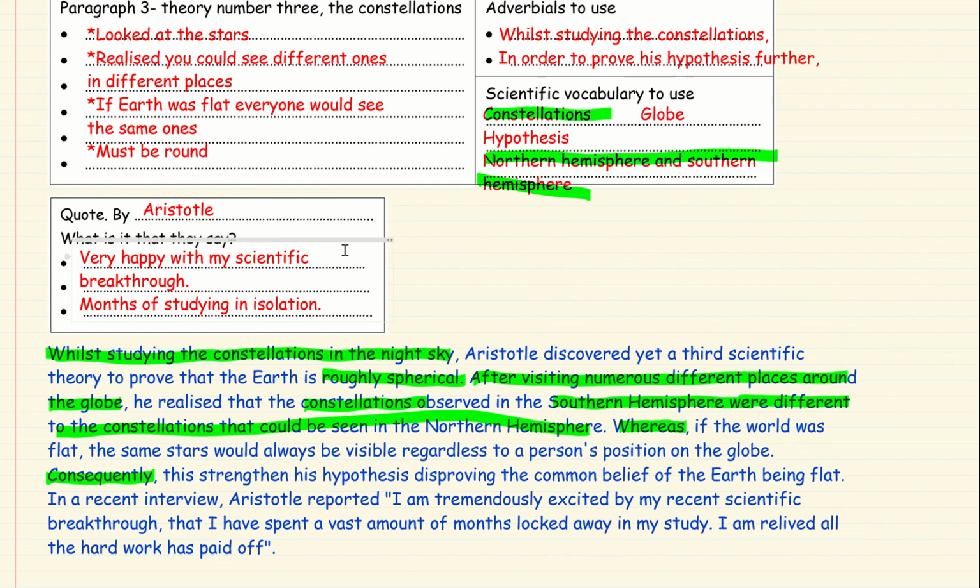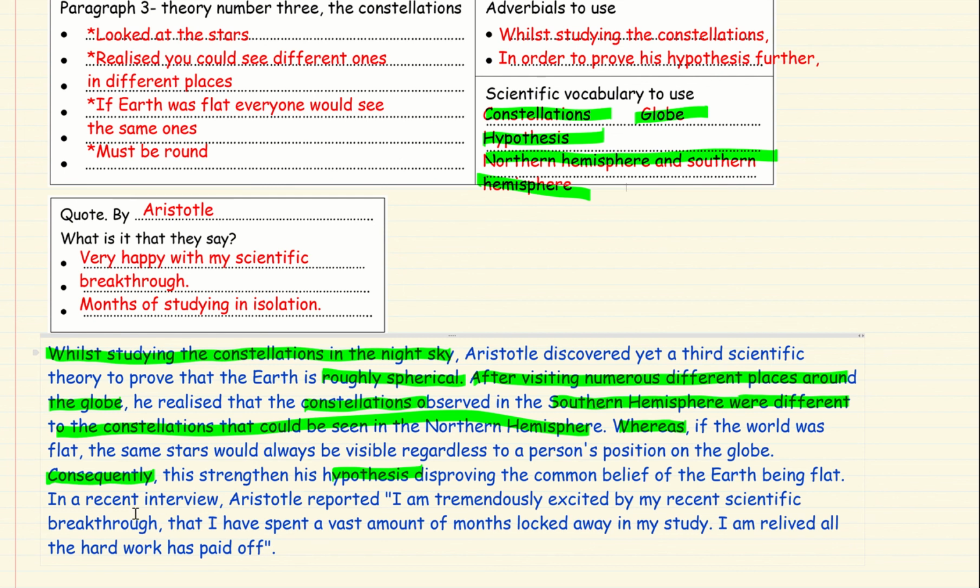This strengthened his hypothesis, disproving the common belief of the Earth being flat. Notice how I've worded that, because I could have just said, this made his hypothesis better as it showed that everyone else's theory was wrong. But the way I've worded it made it sound quite formal, quite proper, and rather posh.